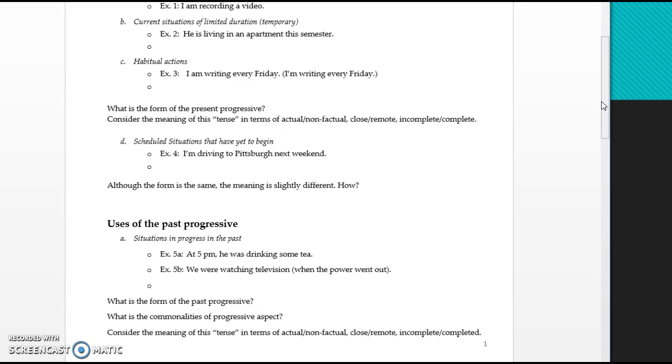Right? How would you describe actually creating that form? And what do you think this present progressive portrays? What does it express? Are these actual events that happened in real life, or are they non-factual? Do you feel close to that event, or is it remote? Does it feel incomplete or complete?